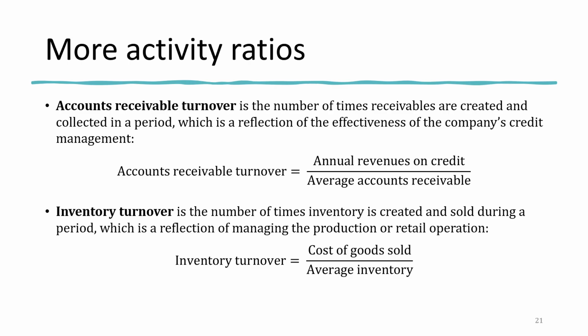What you should see if you lined up these formulas is that the accounts receivable turnover multiplied by the number of days sales in accounts receivable should be equal to 365. Likewise, if we take the inventory turnover and multiply it by the number of days of inventory that we have on hand, we should get 365 as well.